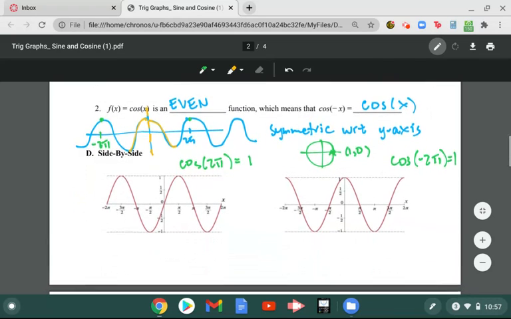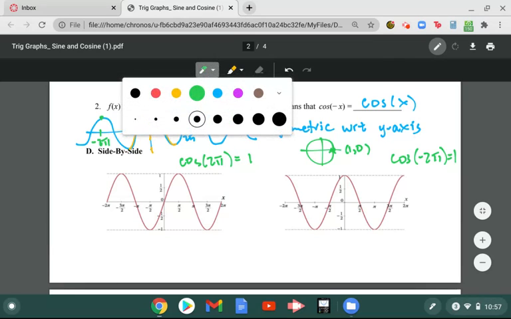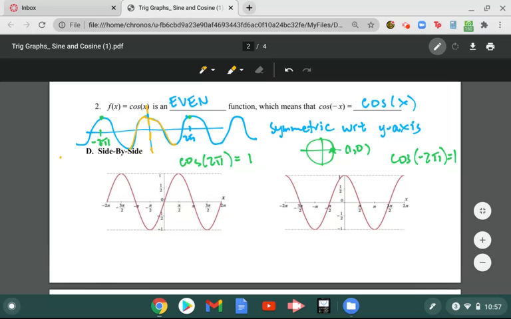As I look at these two side by side, I can actually see that they're the same shape. They just start in a different place. A nice way to think about where these start is with the y-axis and the origin. So I'm looking at this first one, which is my sine wave. We think of one period, which is from 0 to 2 pi.